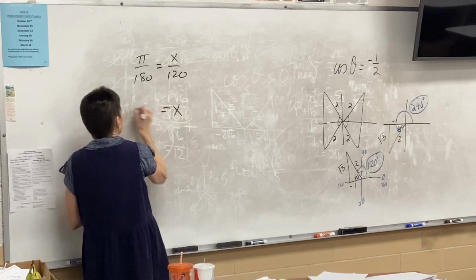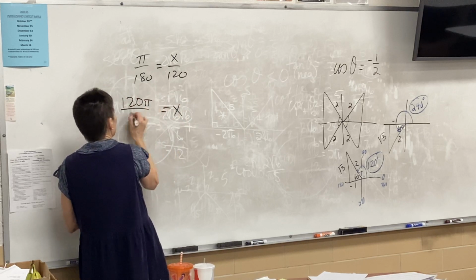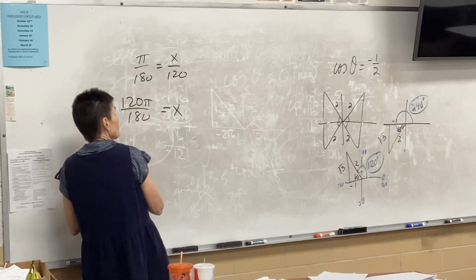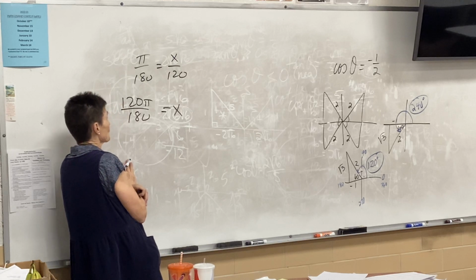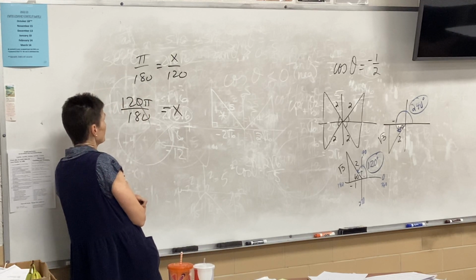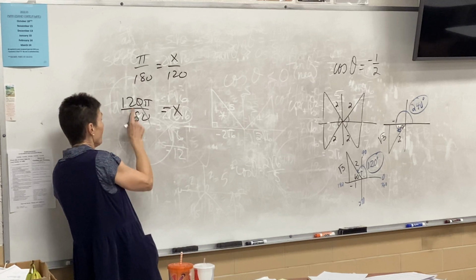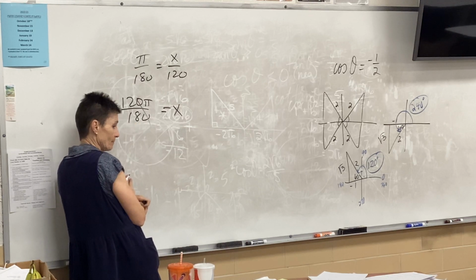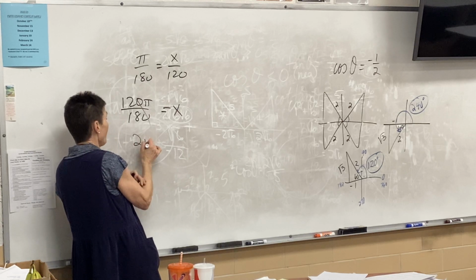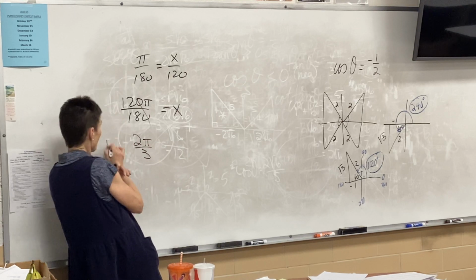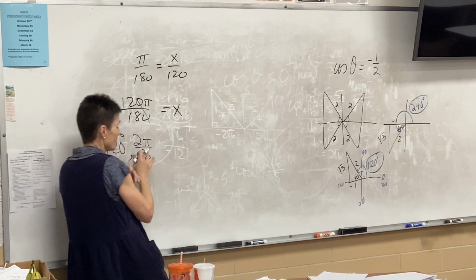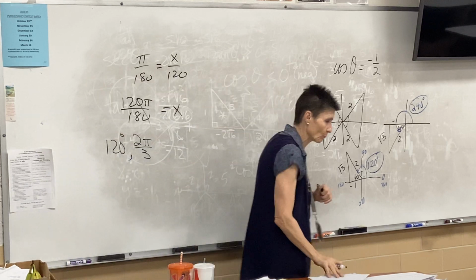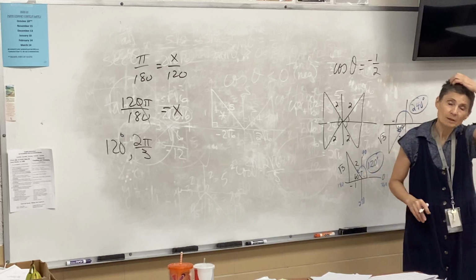So x equals 120 pi over 180 if I just bring the 120 over. Cancel the zeros. 12 over 18, divisible by 6, so 2 pi over 3. So 120 degrees is 2 pi over 3 radians.